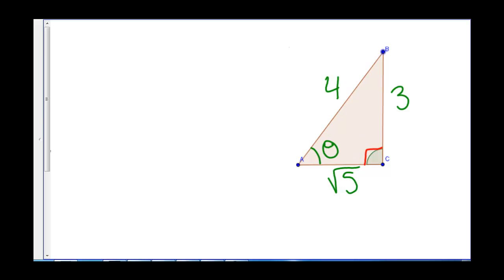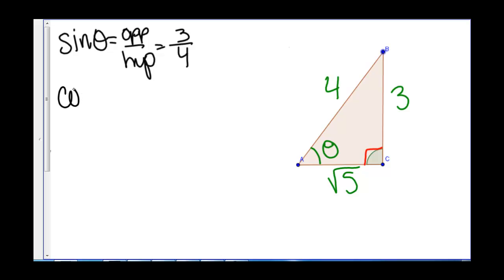So now let's say we have a triangle with hypotenuse 4, the opposite side 3, and the adjacent side square root of 5. So let's find our six trigonometric functions. Sine of theta is opposite over hypotenuse, so that is 3 over 4. Cosine is adjacent over hypotenuse, so that is square root of 5 over 4.